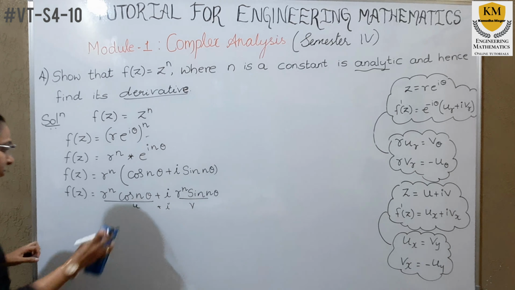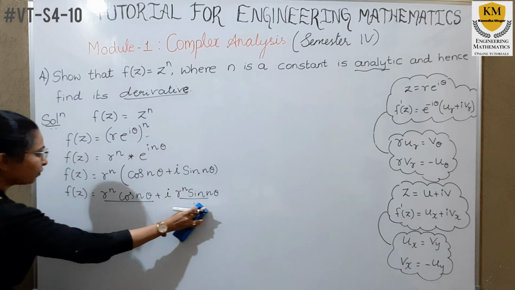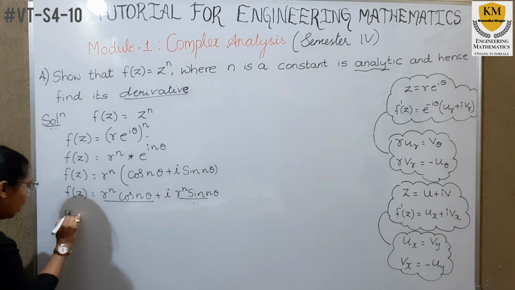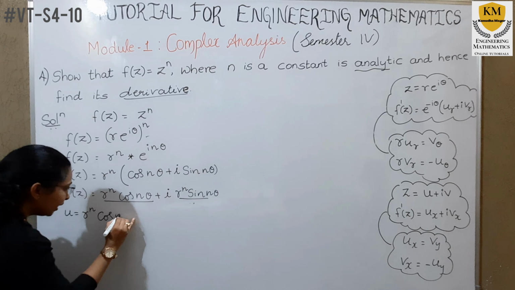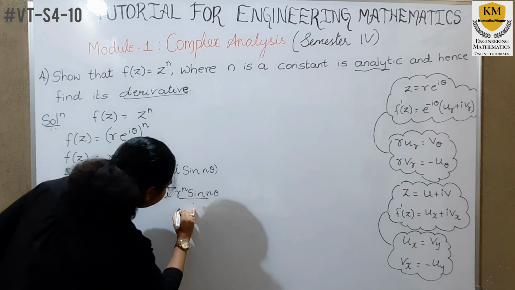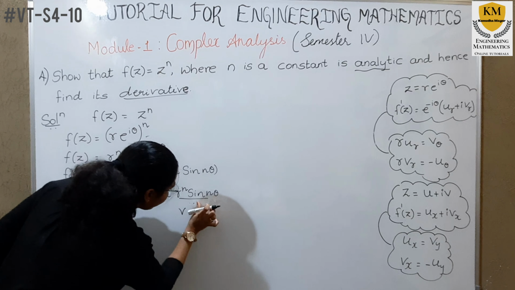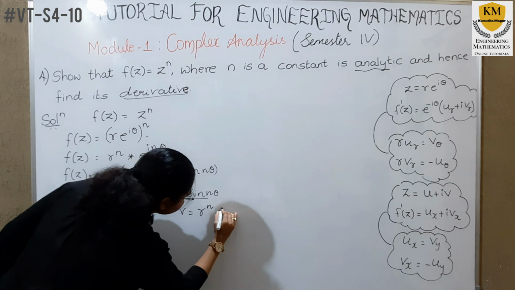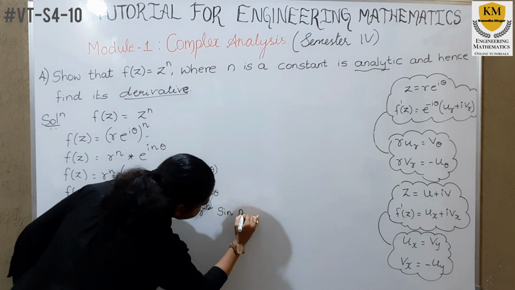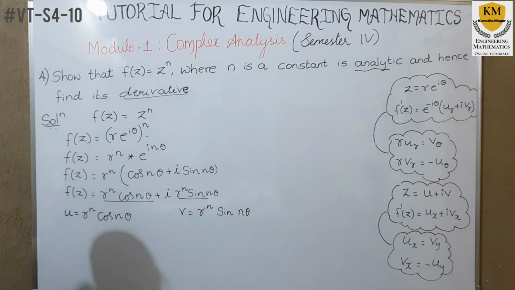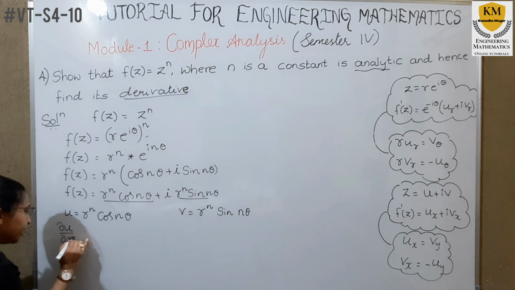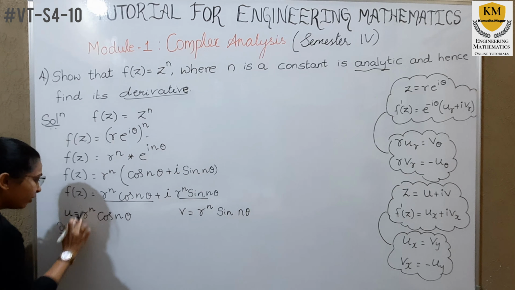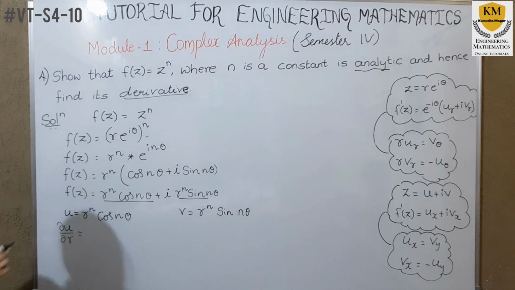So let me consider the functions u and v now. I am considering u as r to the power of n into cos n theta, and I am considering v as r to the power of n into sin n theta. Fine. So let me find out dou u by dou r. It says that I am differentiating the function u with respect to r partially.